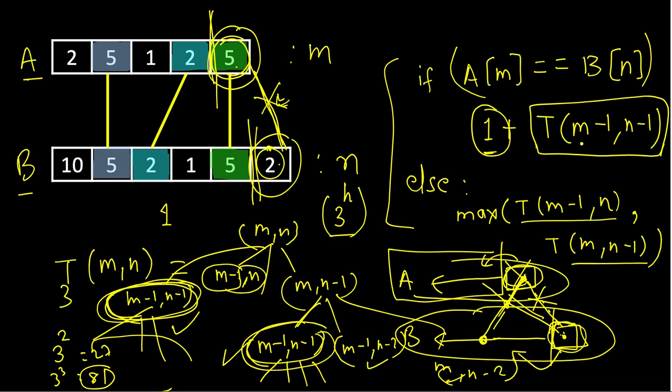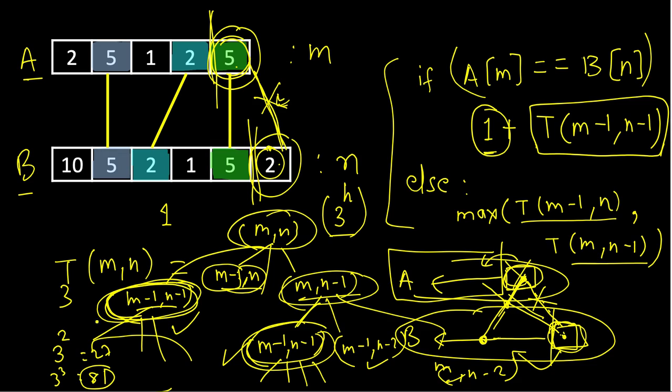So the solution of T m n depends on m minus 1 n minus 1, m minus 1 n, and m n minus 1. All of them are smaller. So optimal substructure property is also satisfied. So we will use the dynamic programming approach here.